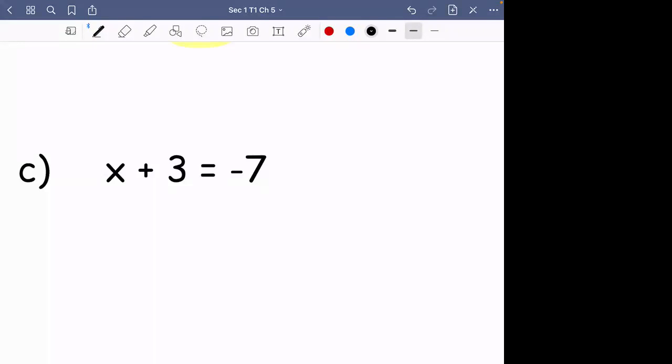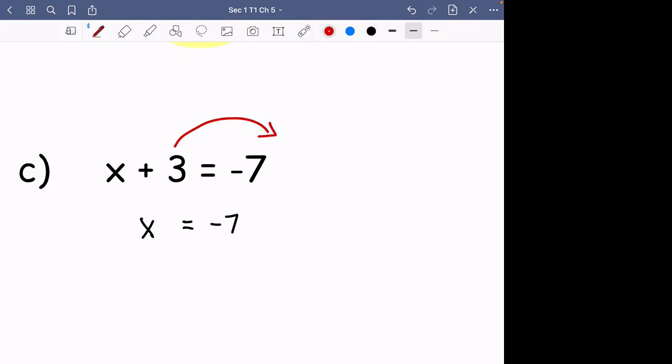Again, the first step is to isolate x. Just leave x alone on one side. That means I need to transpose positive 3 to the right side. So bring down x, then equals, and then bring down negative 7. What happens with positive 3 or plus 3? When you transpose this, what happens?